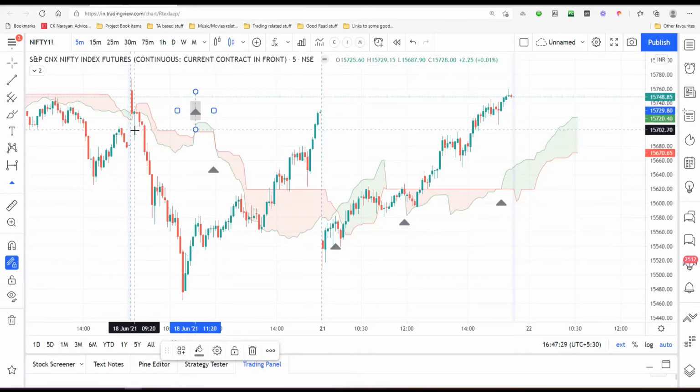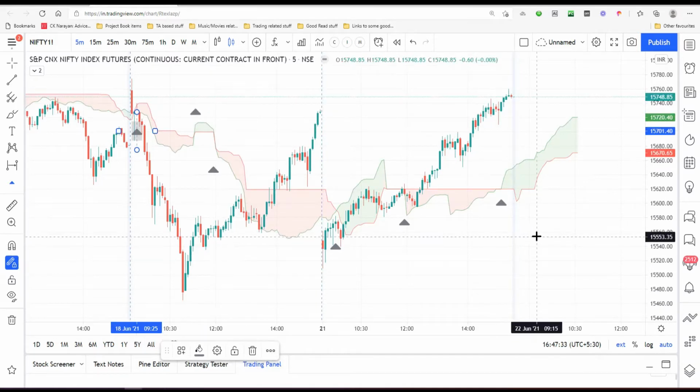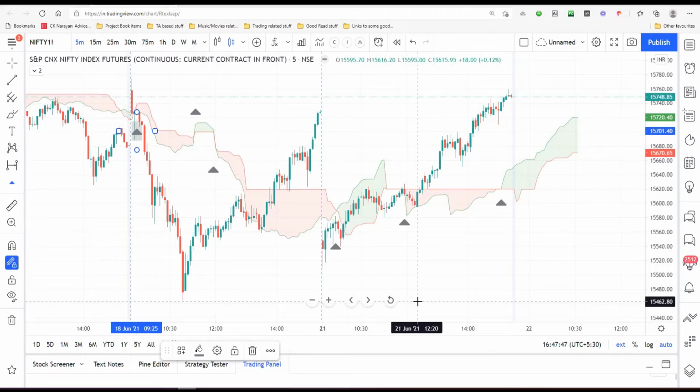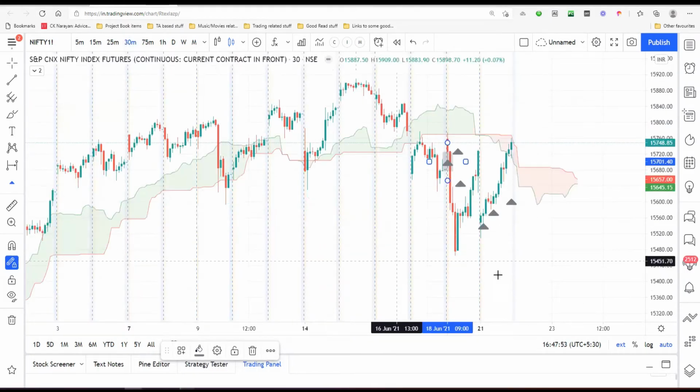There are several Kumo twists depending upon the time frame of the chart. This is a 5-minute chart, so very clearly there would be several more Kumo twists happening in this. If I take this to a 30-minute chart, then you will not find so many.